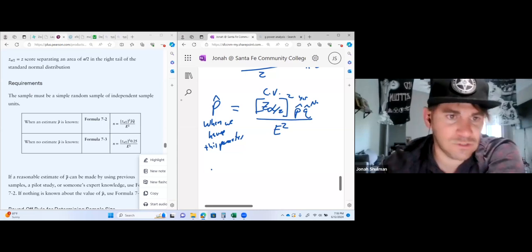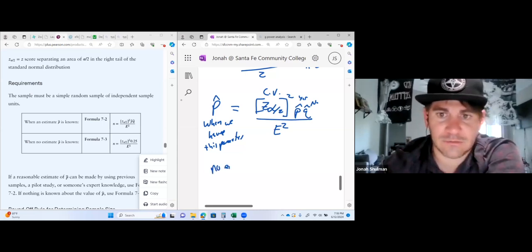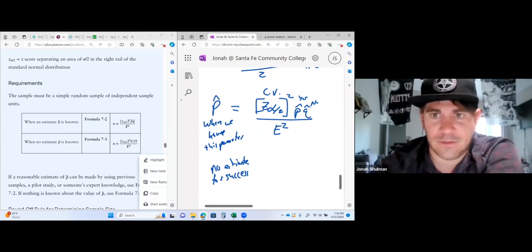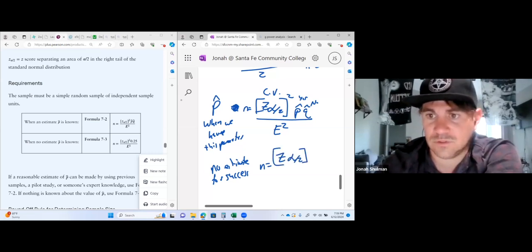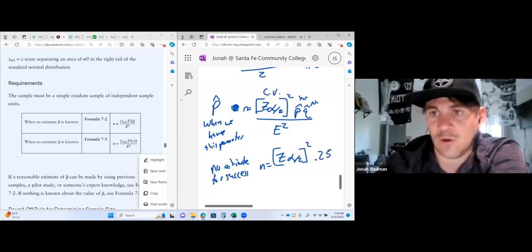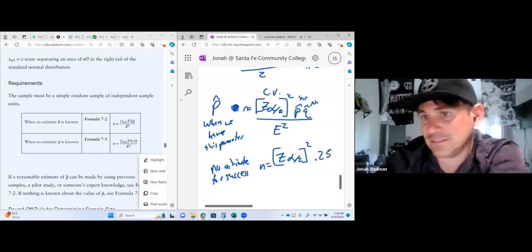And this is when we do not have an estimate for successes. If you just want to think about successes and failures, this is not P. This is N. This is how many people we need. So it's Z alpha over 2 squared, times 0.25.